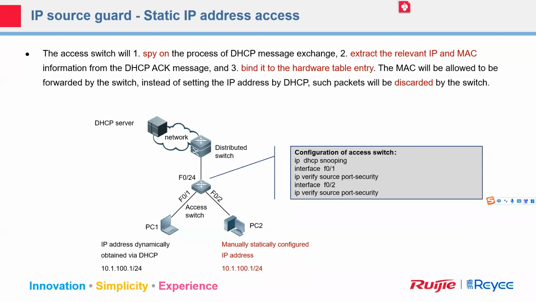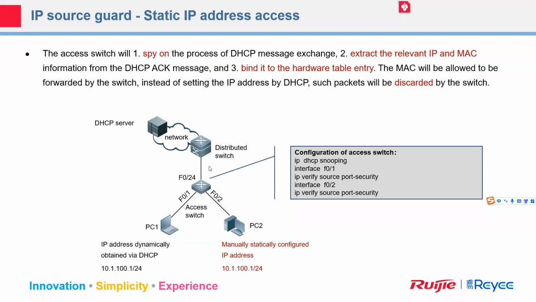But after we enable this function on the switch, I will recognize and see the detailed information of the DHCP message. About the second step, extract the relevant IP and MAC address information of the DHCP ACK message. This is the acknowledgement.